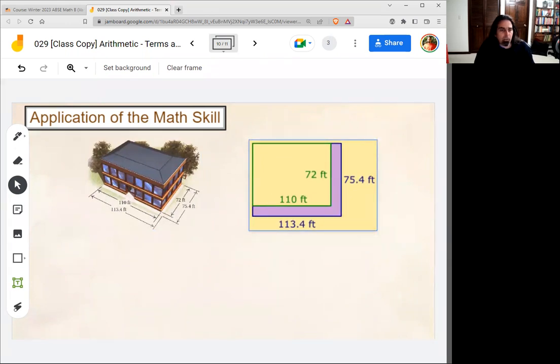All I'm trying to figure out is the purple shaded thing, how much sidewalk goes on two sides of this bank or office building of some sort. So I have some in front, that's here, and I have some on the side, that's here.